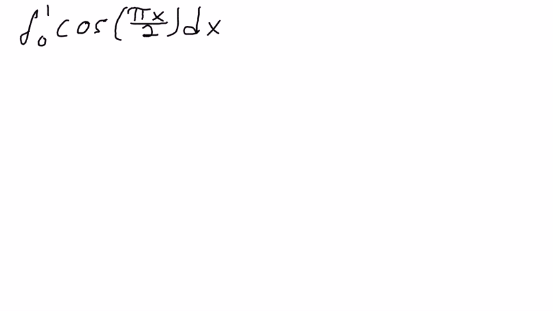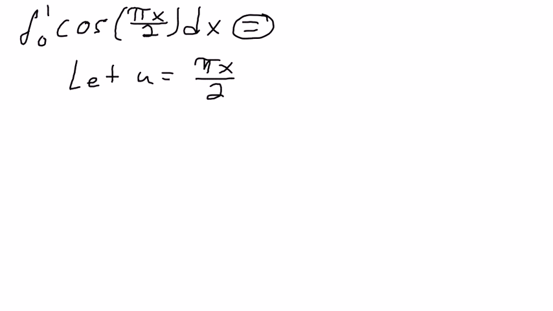If you have the integral from 0 to 1 of cos of pi x over 2 dx, what we want to do is simplify this. So we're going to let u equal what was in the argument for cos.